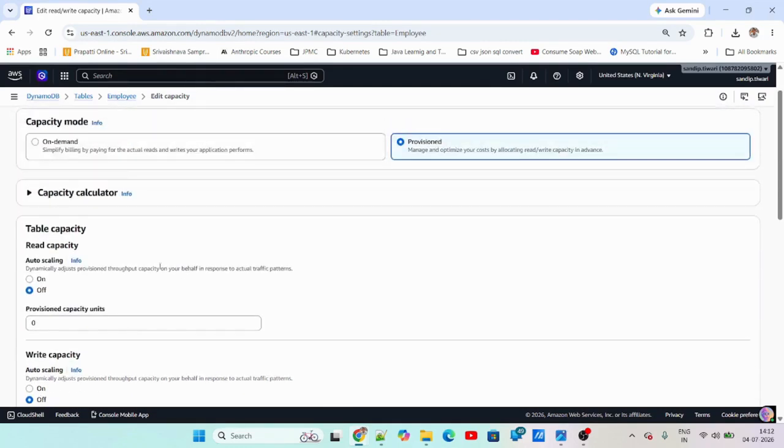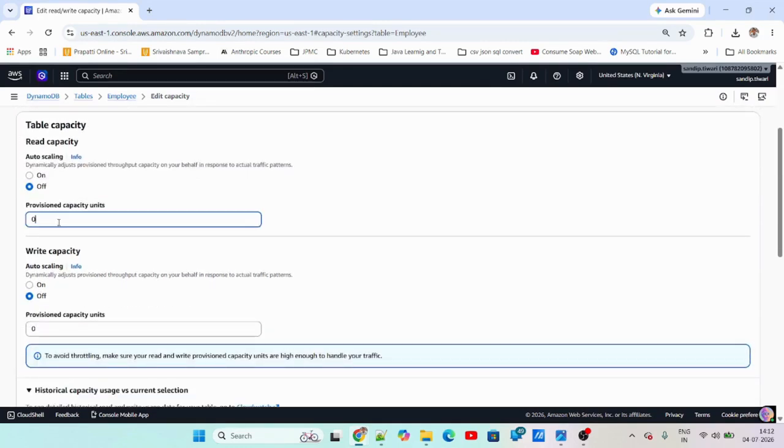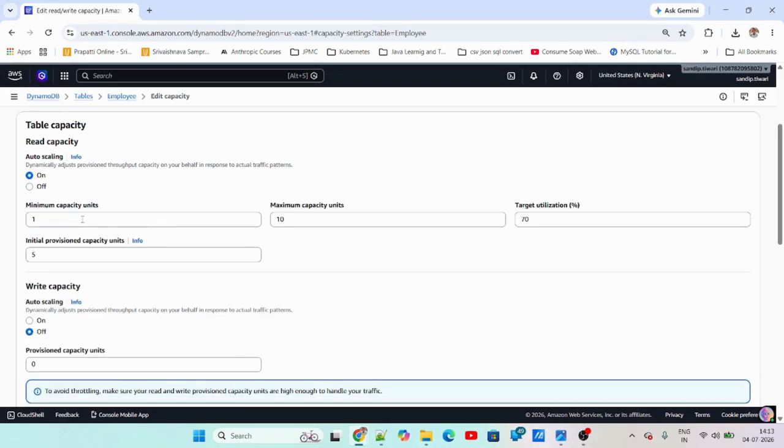But in case of provision, here you provide the capacity. If the provision capacity that I provided is 600 and I want to do auto scaling on top of that, I have this option. Here you can provide minimum capacity units, say 600, and maximum, say 800. And when should the auto scaling trigger? At 70% utilization.